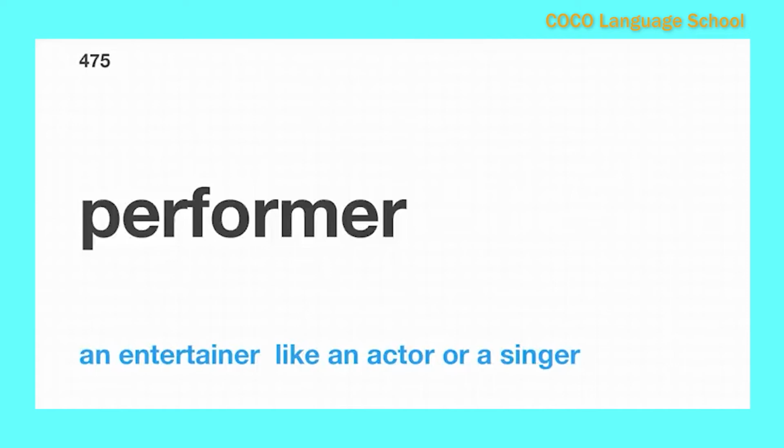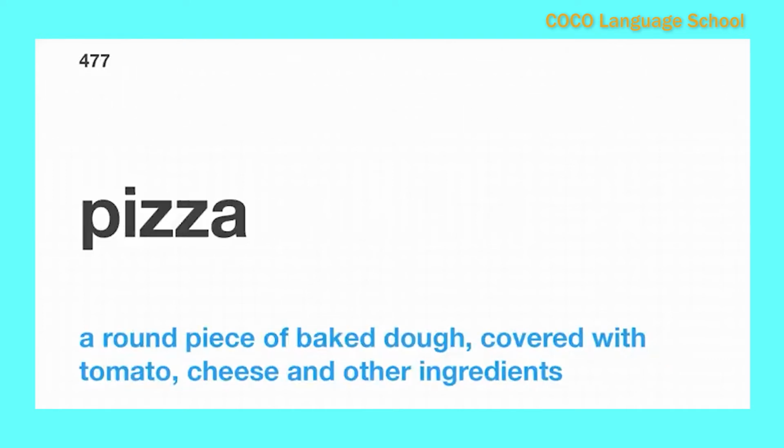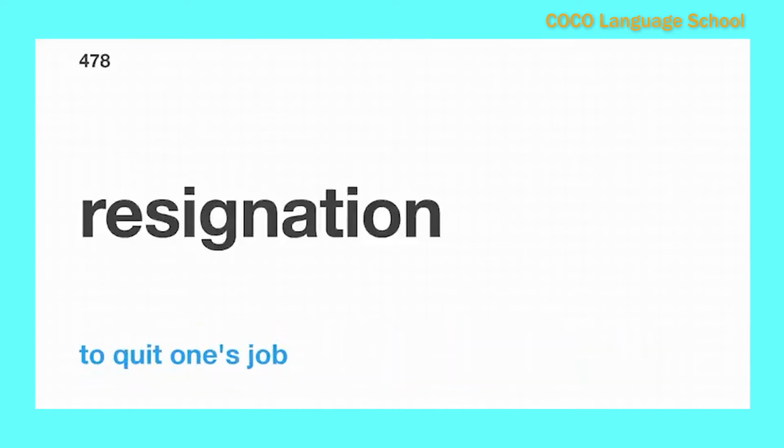Performer. A person whose job it is to prepare medicines. Pharmacist. A round piece of baked dough, covered with tomato, cheese and other ingredients. Pizza. To quit one's job. Resignation.